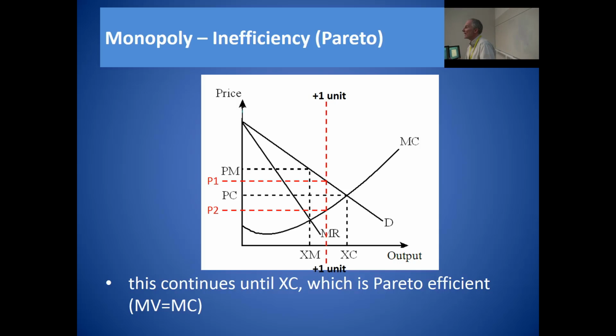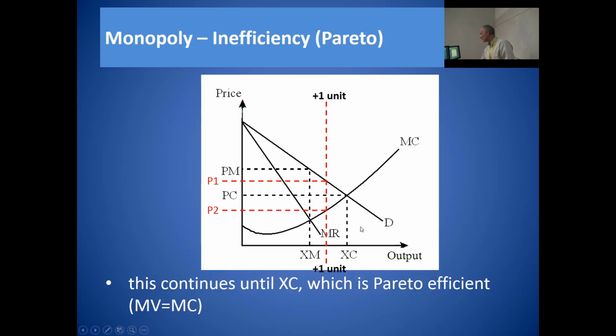That is the competitive output level. Because at the competitive output level, the marginal valuation, that is the price that consumers are willing to pay, is exactly equal to the marginal cost of production. And any Pareto efficient outcome will be at exactly that point, where the marginal cost and marginal valuation are equated.